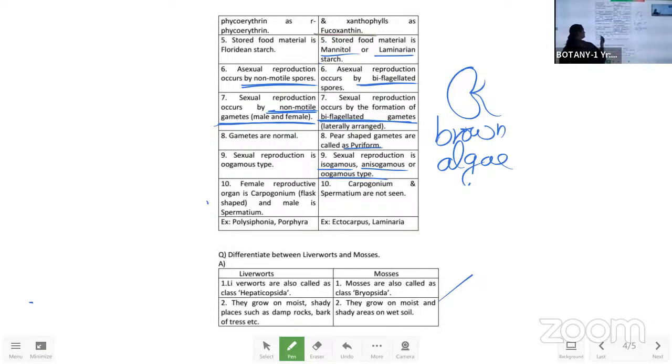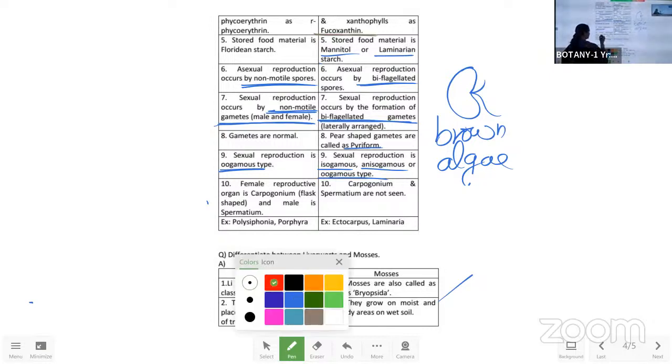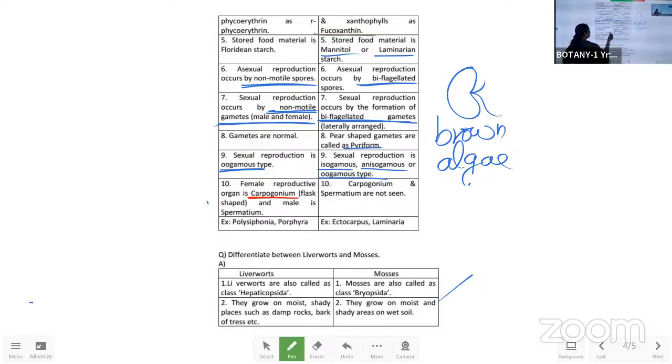So in this one, we said the sexual reproduction in the red algae is oogamous. So we have to mention the female reproductive part and the male reproductive part now. The female reproductive part in the red algal members is called the carpogonium. That is a flask-shaped structure.